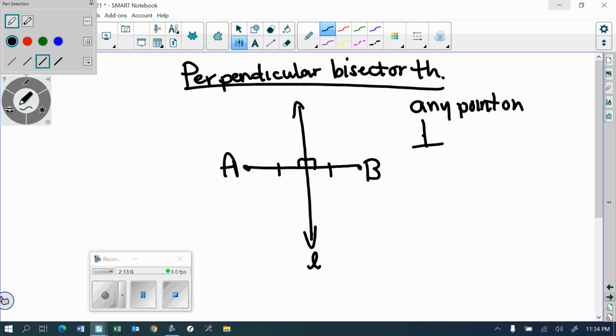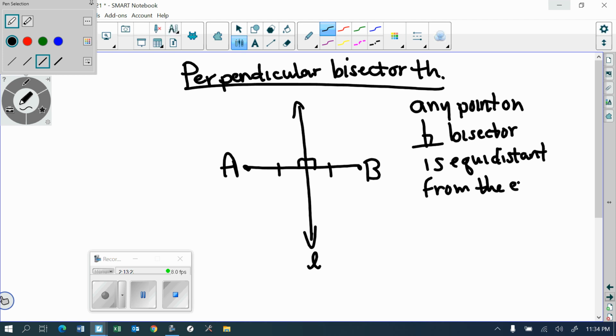is equidistant from the endpoints of the segment. Obviously, you can't have endpoints of a line.